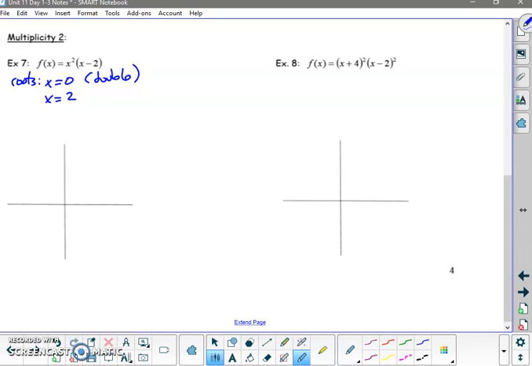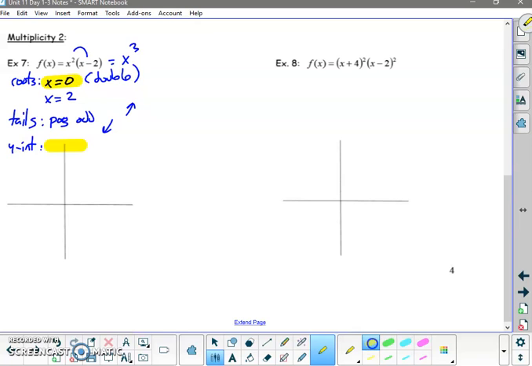My tails, or end behavior, if you were to multiply this out, you'd start with an x cubed, so we got positive odd. So my tail is going to do this. And the y-intercept, if you set all your x's equal to 0, you're going to have 0 times negative 2, which is 0. Now again, remember, if x equals 0 is a root, then your y-intercept is always y equals 0. So that should be easy to remember.